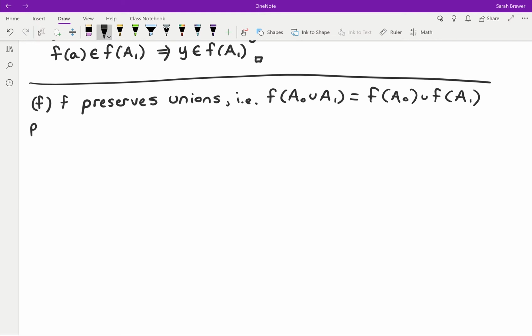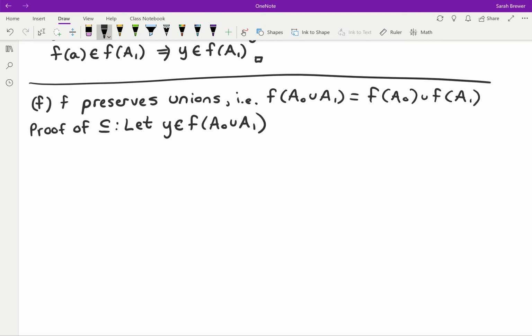So let's take a look at this direction first. We're going to let y be in the left-hand set, the image of A0 union A1.